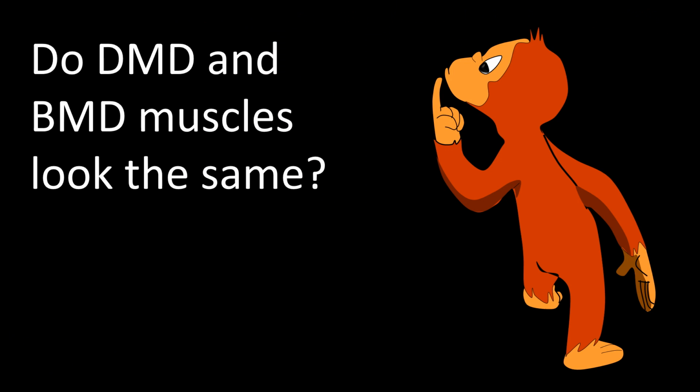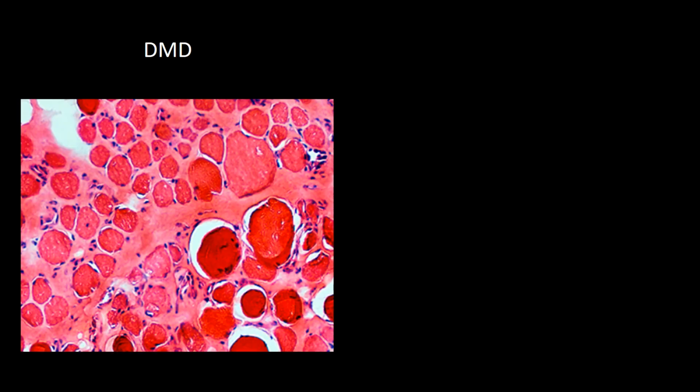So, do DMD and BMD muscles look the same? This is a specimen of DMD with the characteristics we have just mentioned. The white areas in this specimen are artifacts. They are related to the density of the adjacent different structures being cut.